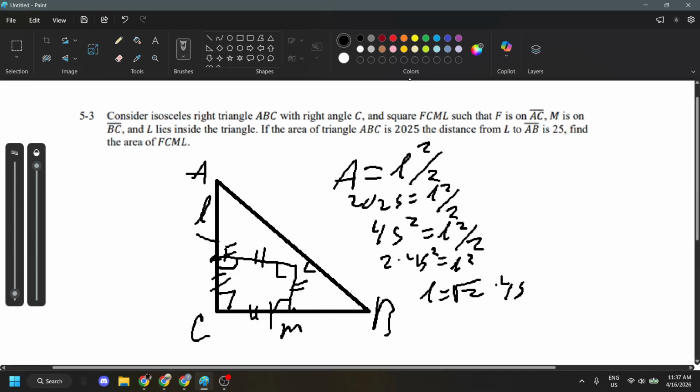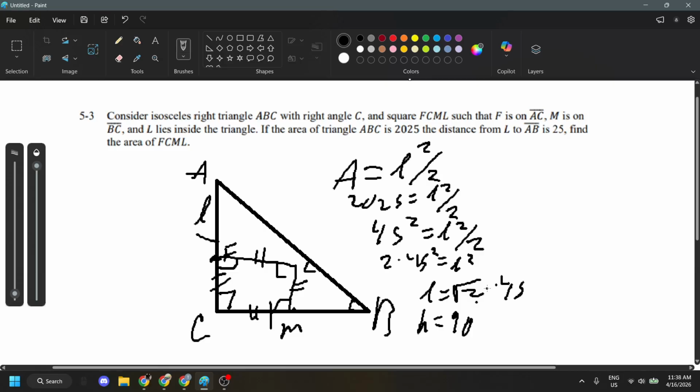Because let's say if we flip this and we have this angle, this is 1 and this is root 2 over 2. So to get this to be 1, you multiply it by root 2. Yeah, so multiply it by root 2. So the hypotenuse is equal to 90, because this is times root 2, so this would be 2 times 45. Okay.